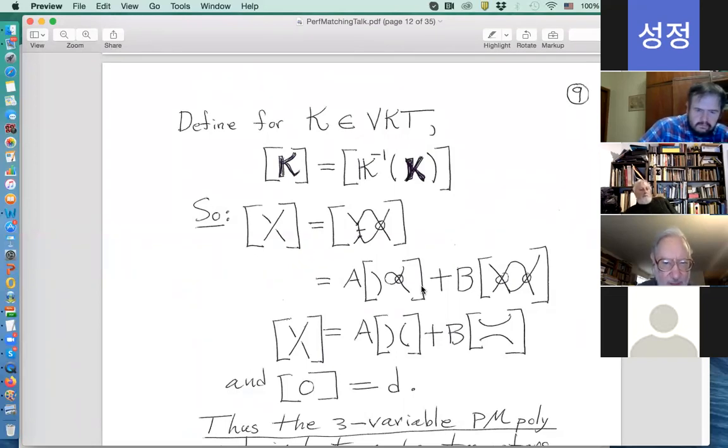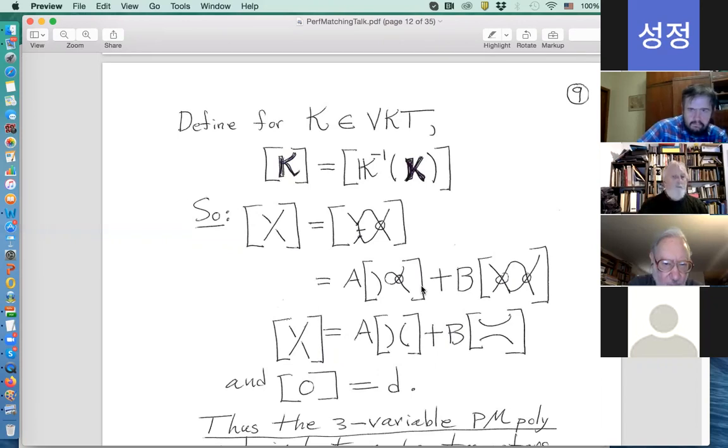Because you expand it this way and that way, and you see that you get a parallel smoothing and you get the other parallel smoothing. You get the two standard smoothings of the knot crossing, and the expansion lifted back over to the virtual knot situation is the bracket expansion.